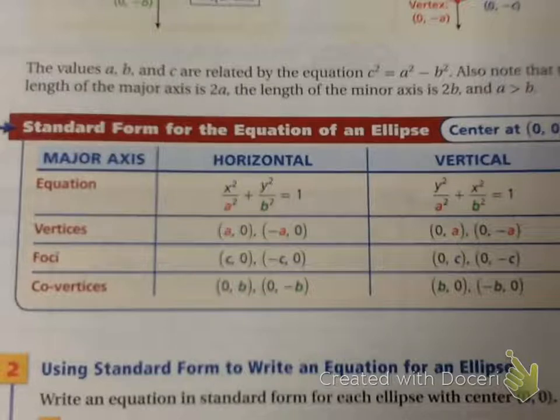Also make note that this is your standard form for the equation of an ellipse. Notice how it has x squared over a squared plus y squared over b squared. Wherever the bigger number is will tell you where the major axis is, and we'll see that in a second.